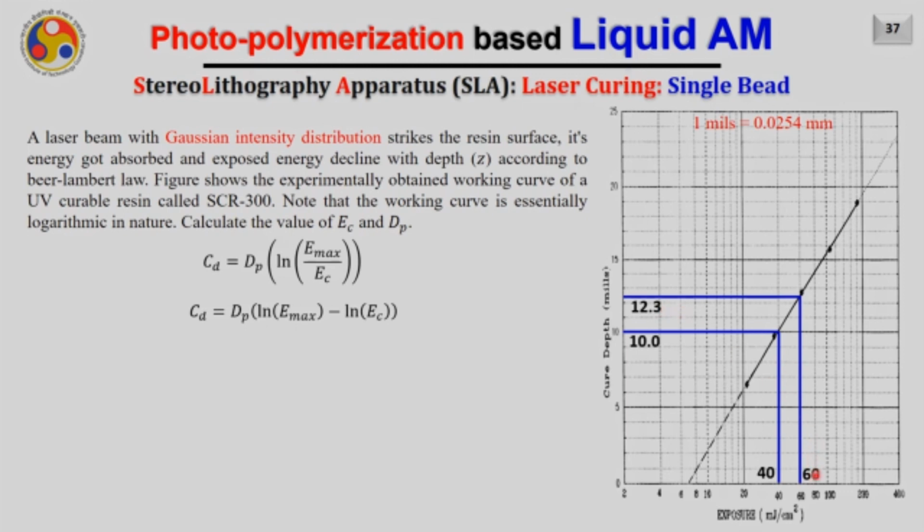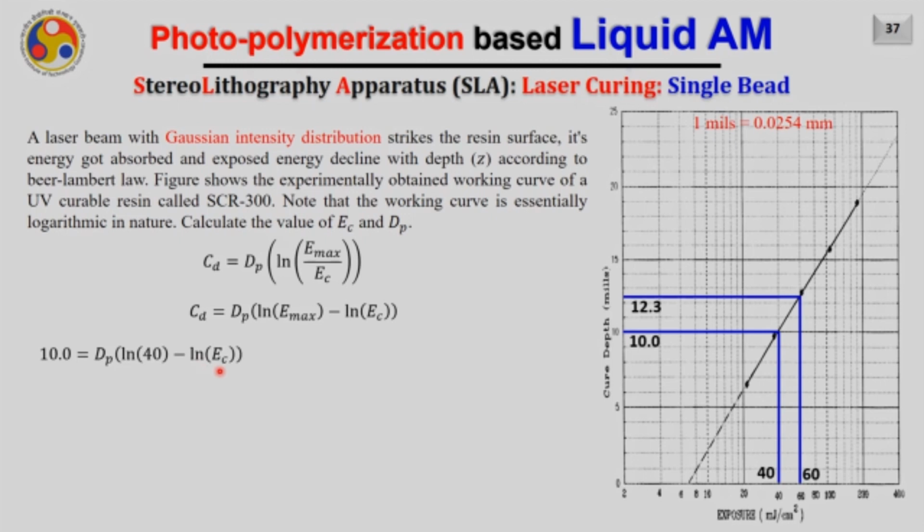Now if we use these two points, one here and another here, then I can find out the two other unknowns in this equation. So let us try to write this equation. The first equation corresponding to this first point says the value of CD is 10 when Emax is 40, and hence now we have an equation in dP and EC.